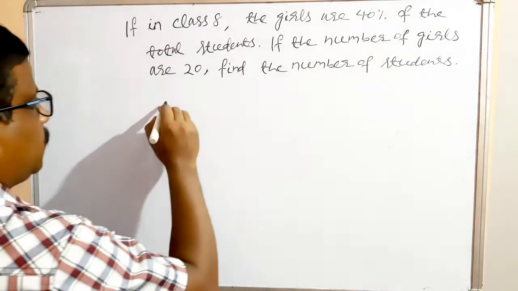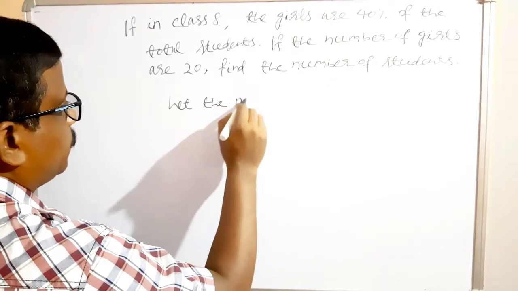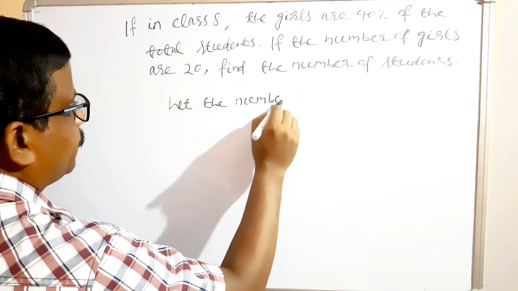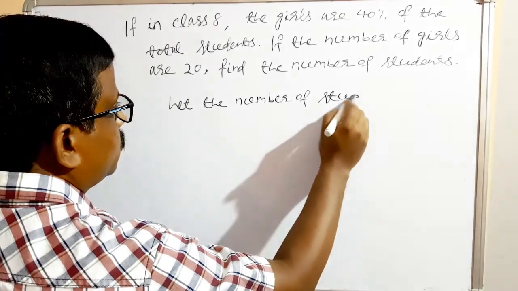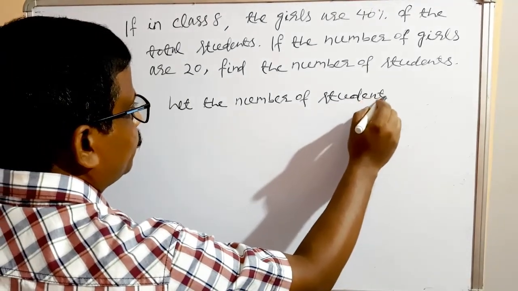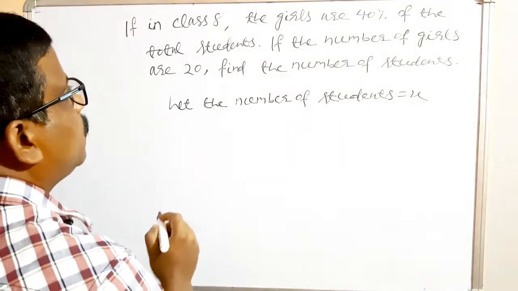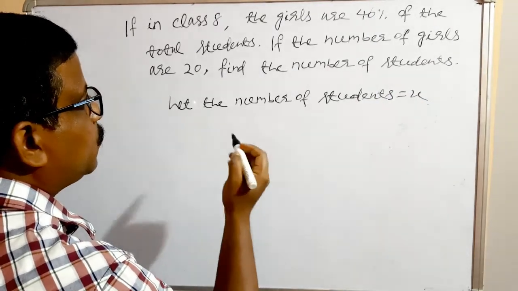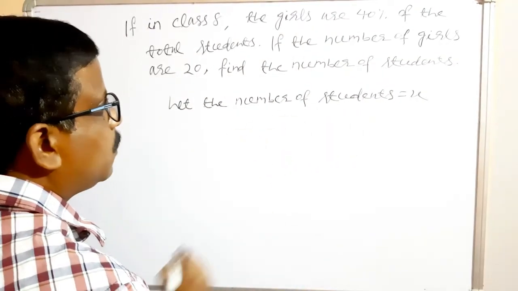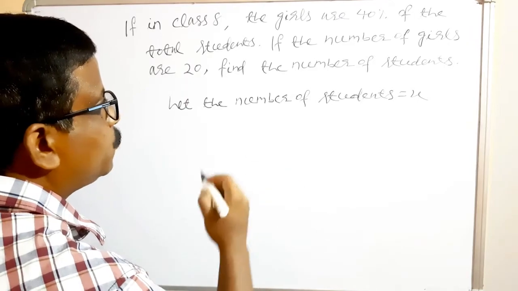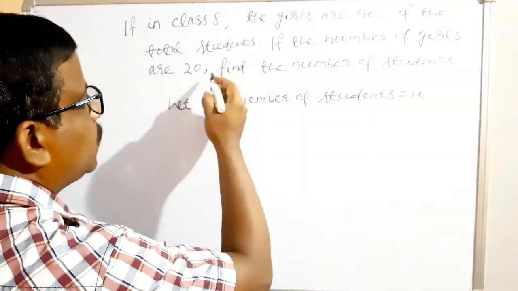So let the number of students be x. 40% of the total students, of means into, is equal to the number of girls, 20.